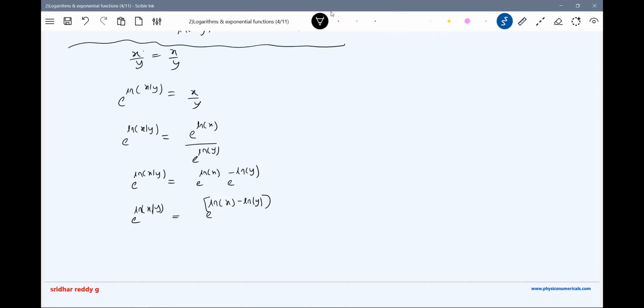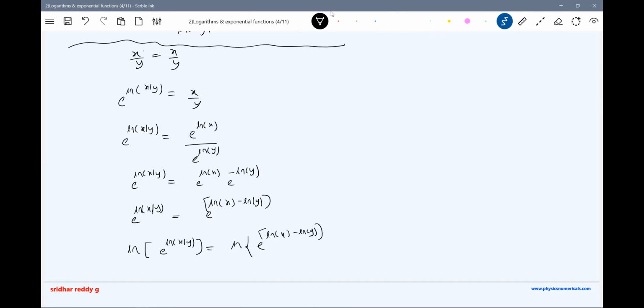Taking log on both sides, log of e to the power of log x by y is equal to log of e to the power of log x minus log y.